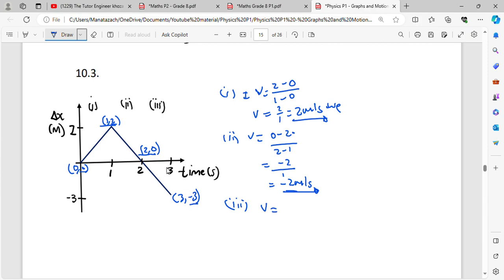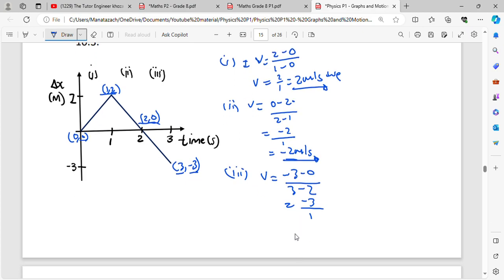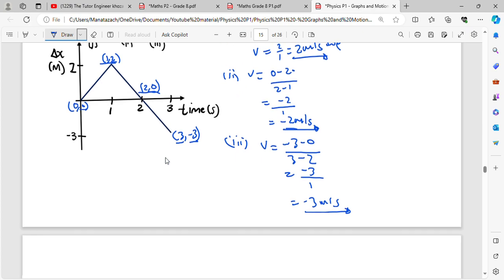Here you'll have minus 3 minus 0, and here it's 3 minus 2. So I'll have minus 3 at the numerator, at the bottom we'll have 1. So the answer would be minus 3 meters per second. That would be the velocity on this section, Roman figure 3, which is negative.